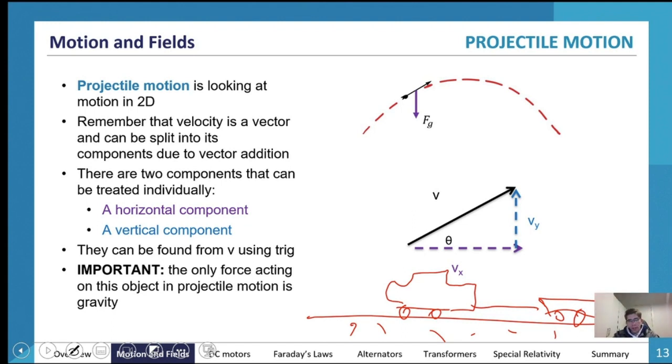So motion in that example is only one-dimensional because you're only looking at one dimension of motion, left and right, or only horizontal motion.